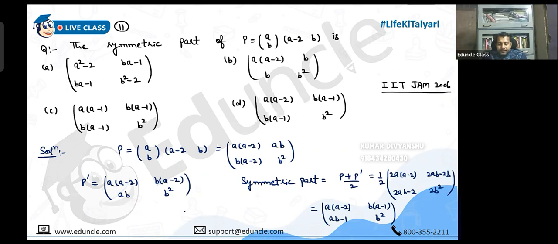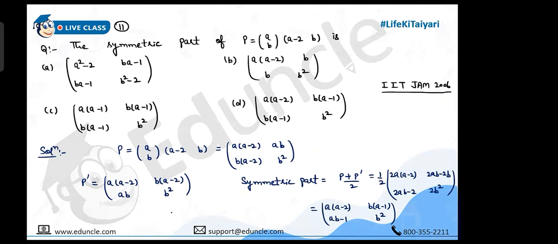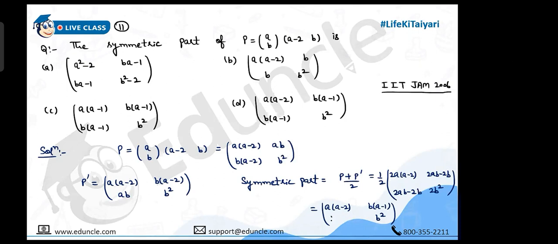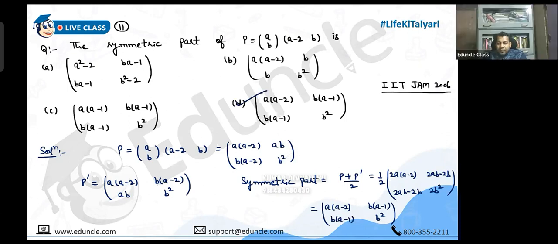Please check. I made a mistake in one element, it was 2B here. So 2B, BA -1, so D option. And if they ask you about the antisymmetric part, then it is half of P minus P transpose, that is P minus P transpose by 2.